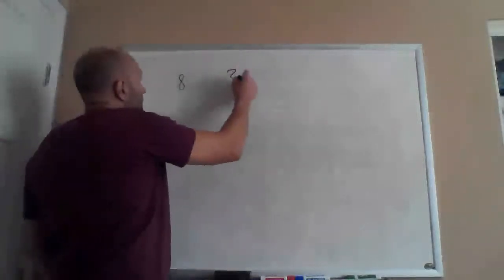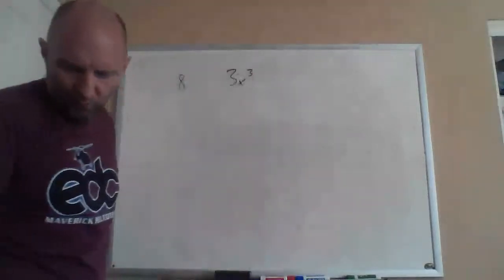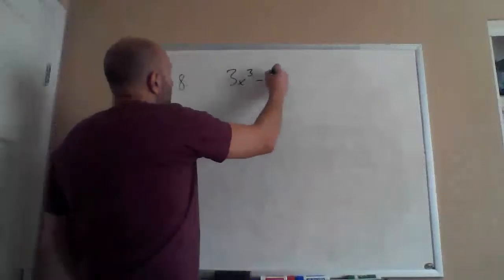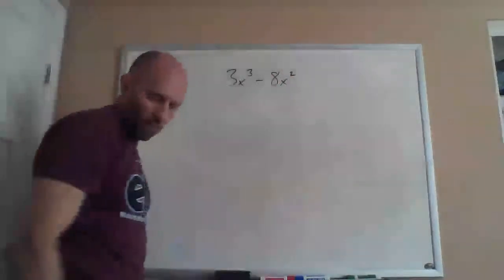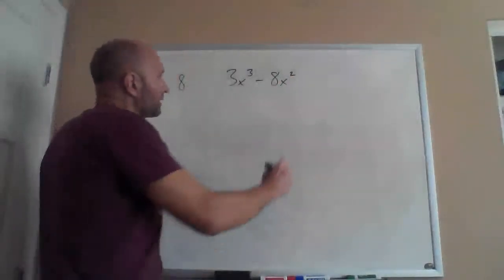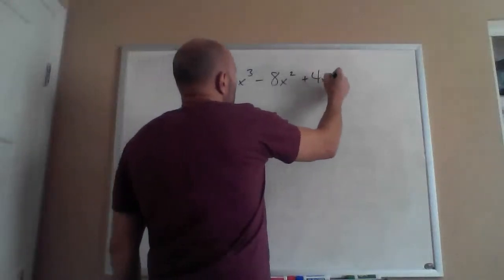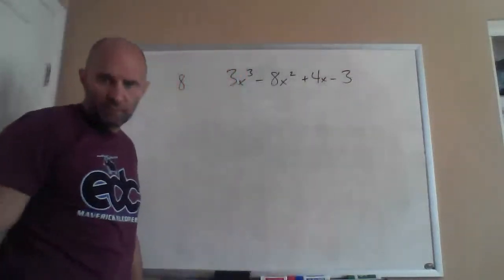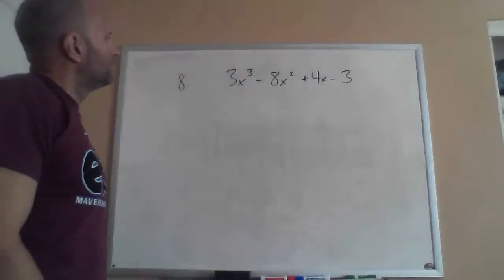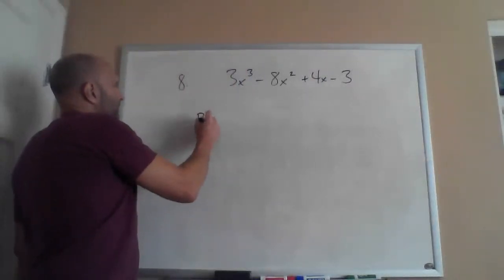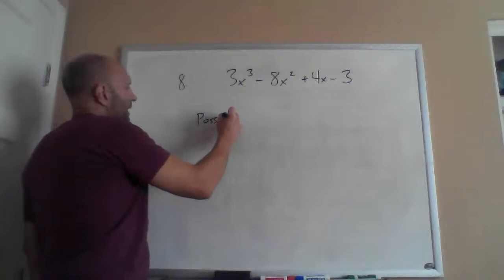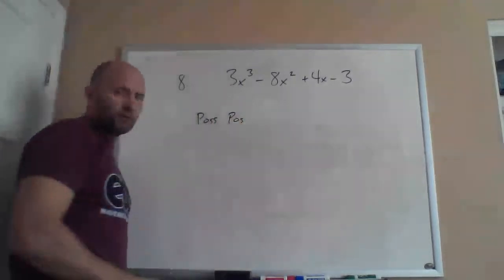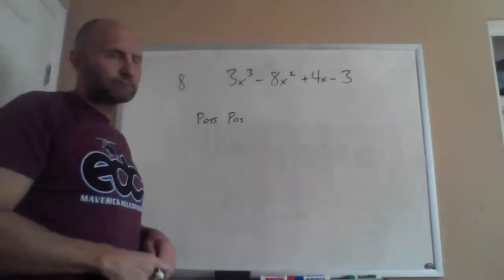So 8, we have 3x to the third minus 8x squared plus 4x minus 3. The first thing it asks us is how many possible positive roots do we have?